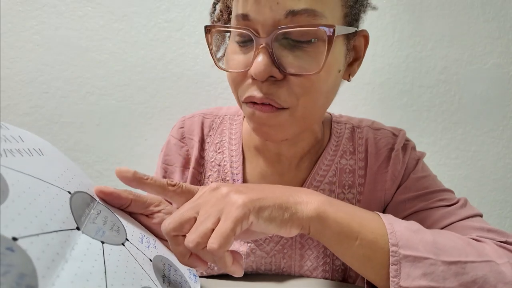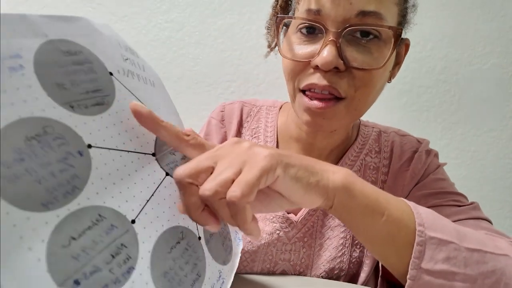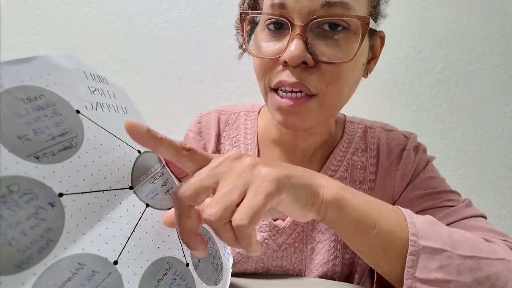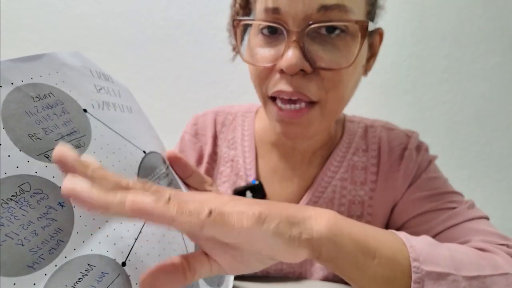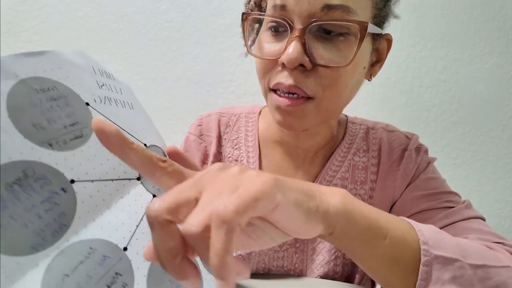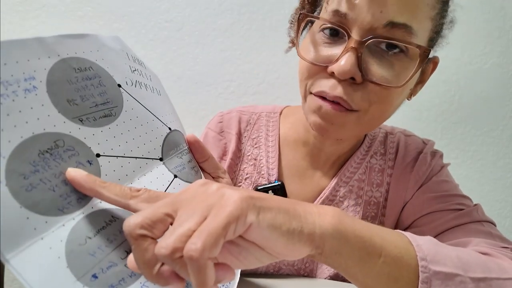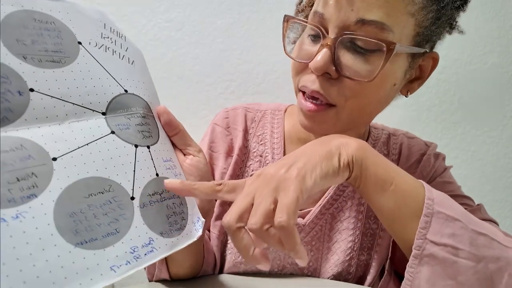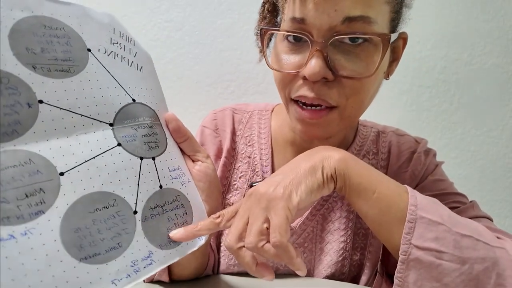You can use it with Bible verses and how they connect, or I used it with the characters in the Bible. So I have Moses, Joseph, Nehemiah, Solomon, and Jehoshaphat.